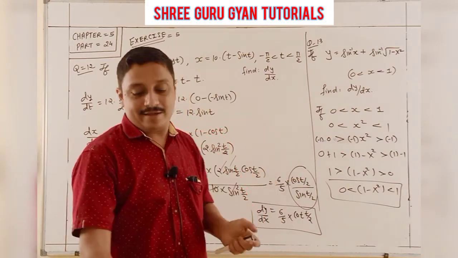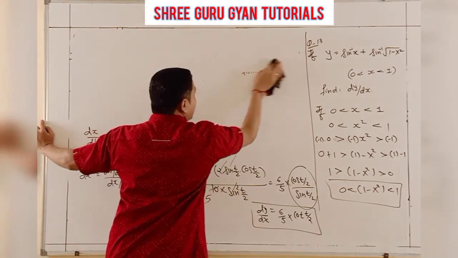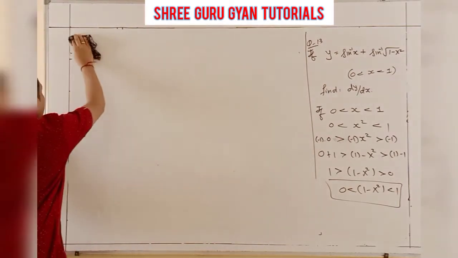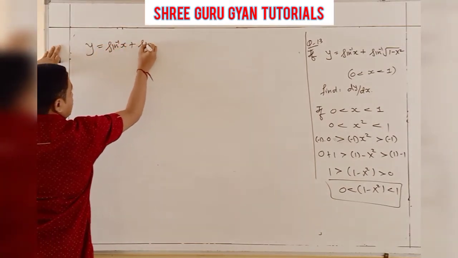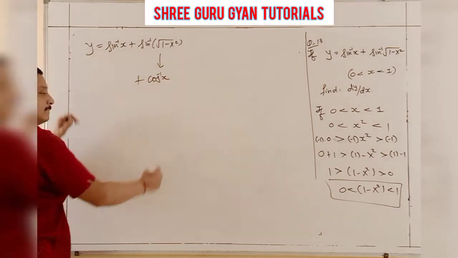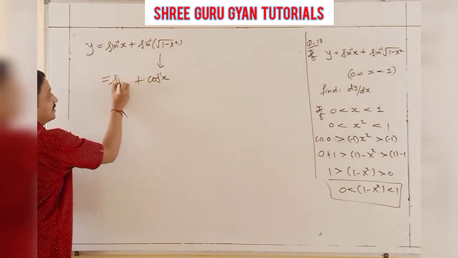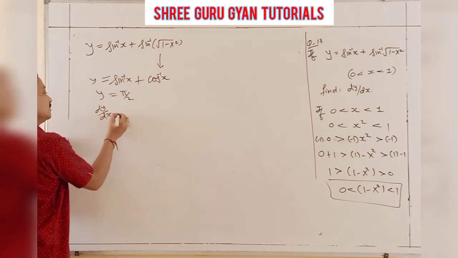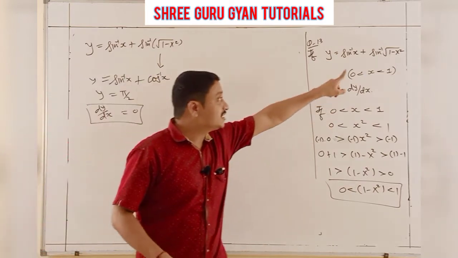That's why I write down my further steps. It is very easy. So my question is y = sin inverse x + sin inverse under root 1 - x square. It is purely cos inverse x because it lies in this range, and the sum is pi/2. So the differentiation is 0. But the condition is given, that's why.